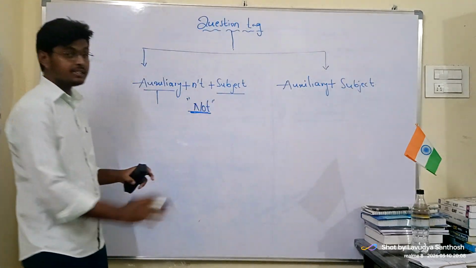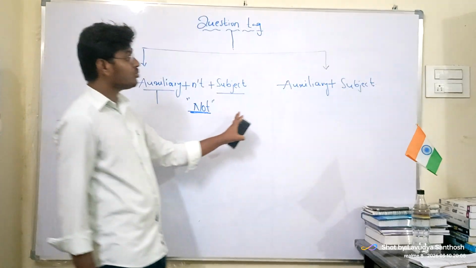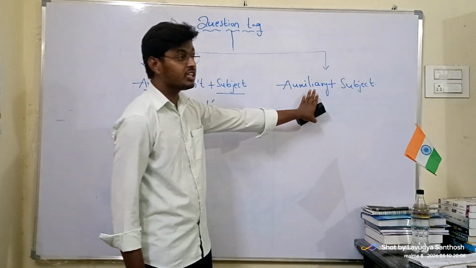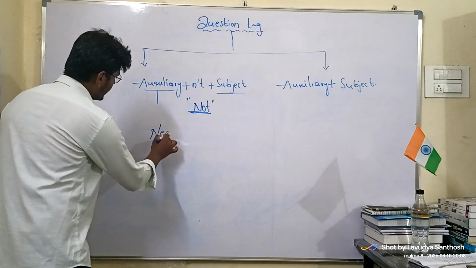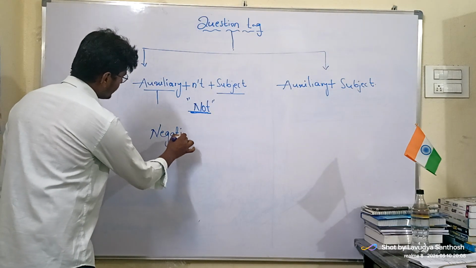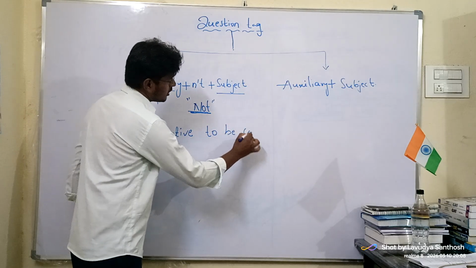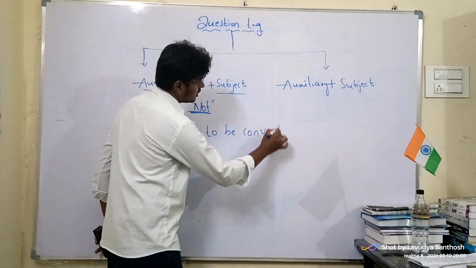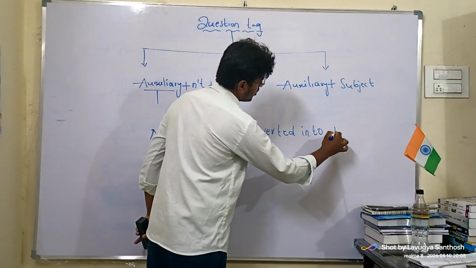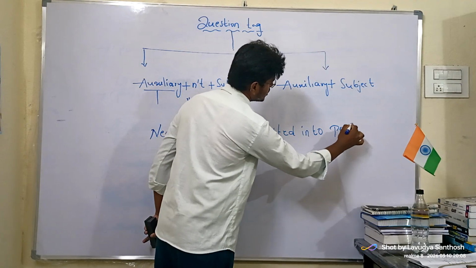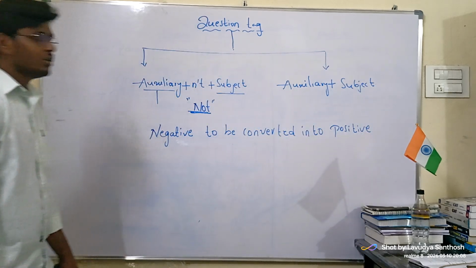When there is a sentence in negative form, you have to use this formula to convert it into positive form. Negative to be converted into positive.